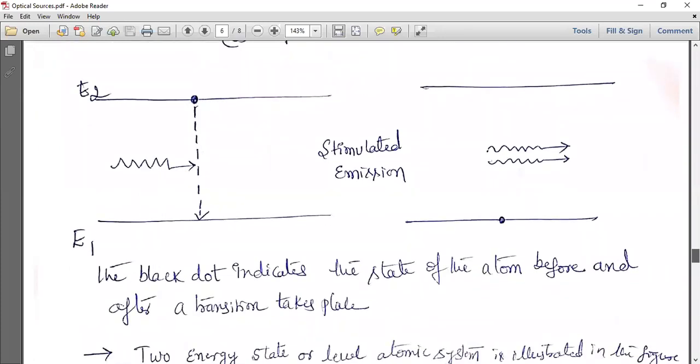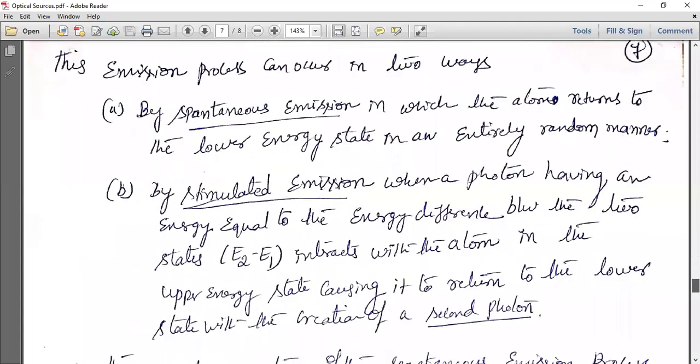In stimulated emission, the only difference is that it takes the energy from the incident photon and jumps from the conduction band to the valence band, and it also releases a photon. The released photon and the incident photon will be in phase, and the wavelength will also be the same, so they add up together, which leads to amplification. That is called stimulated emission. Stimulated emission is used by laser, spontaneous emission is used by LED. We have discussed that.